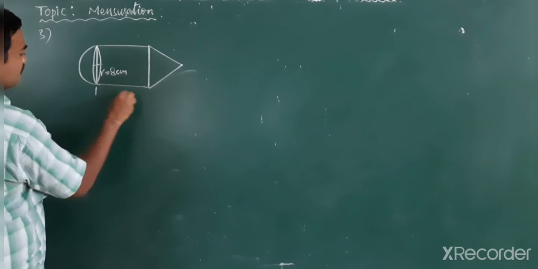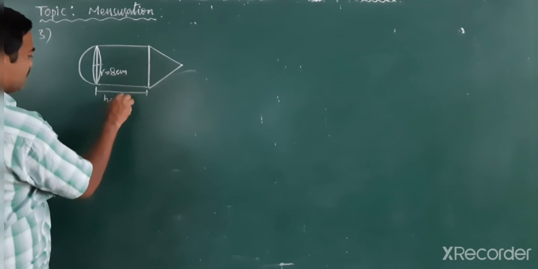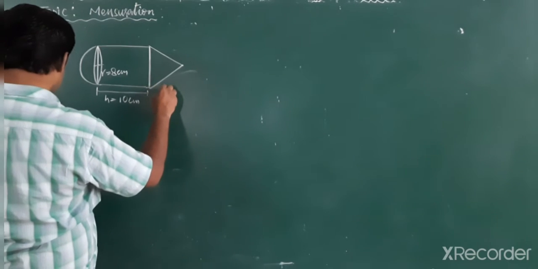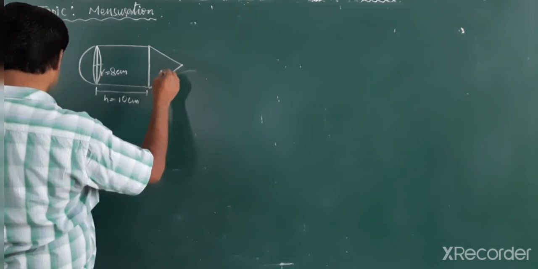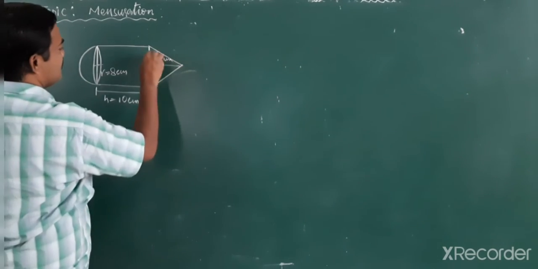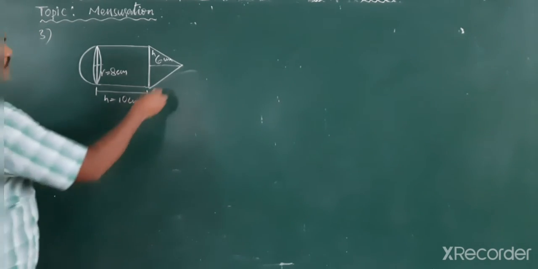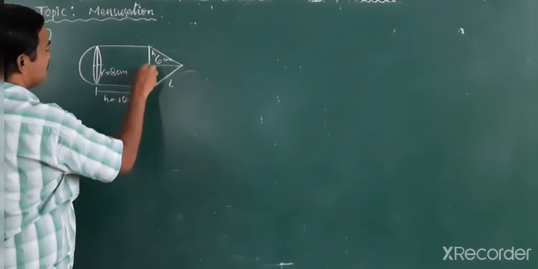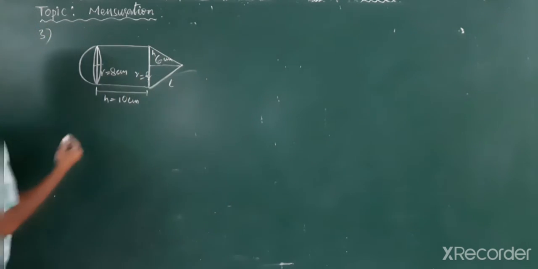H, the height of the cylinder, is 10 centimeters, and the height of the conical portion is 6 centimeters. So to find the surface area of this cone, we need to find L, the slant height.